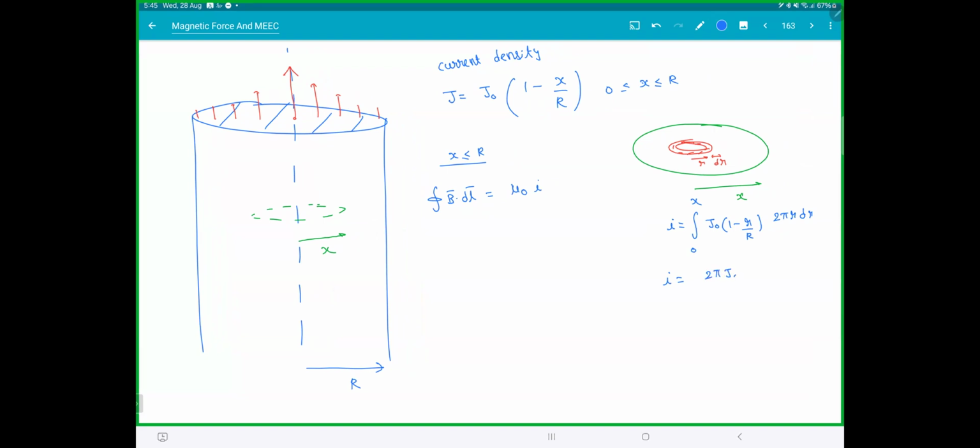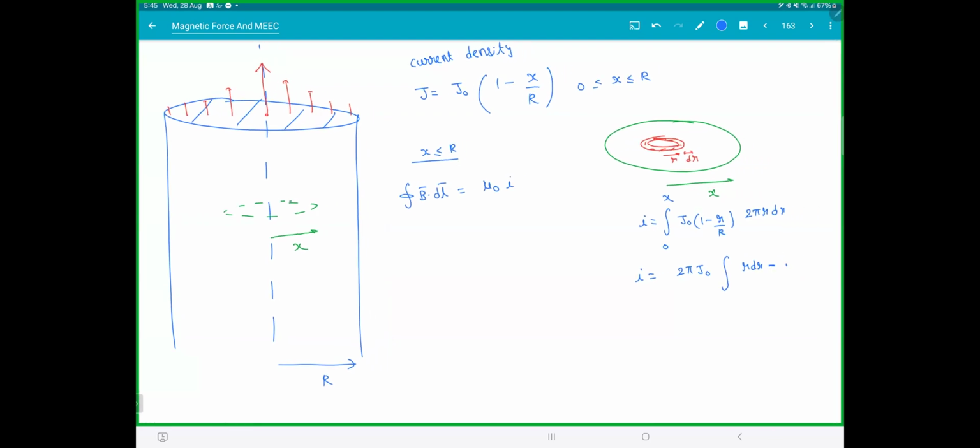This will be 2 pi J naught integral of r dr minus r squared dr by R, from 0 to x. This is 2 pi J naught, x squared by 2 minus x cubed by 3R. This is the current as a function of x. This much current is flowing up to distance x.